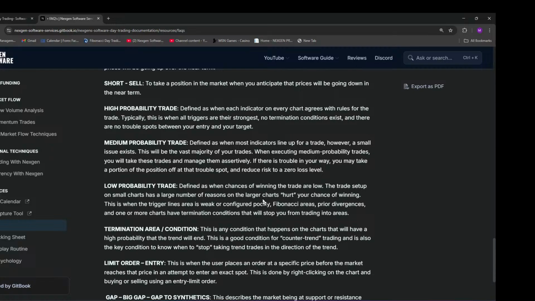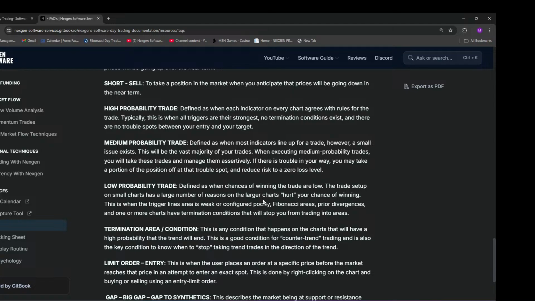A high probability trade is defined as when each indicator on every chart agrees with the rules for the trade. This is when your triggers are the strongest, when no termination conditions exist, when there's nothing between you and your targets. This high probability trade, guys, is laying a foundation for you.